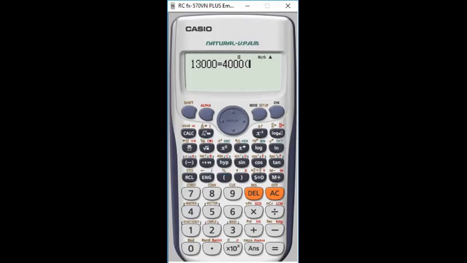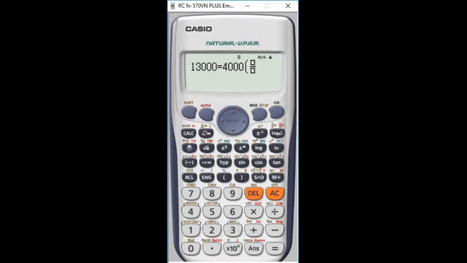After opening the bracket, you are required to put the values under the numerator and denominator. So click on the relevant button, and this will show like this on the calculator screen.